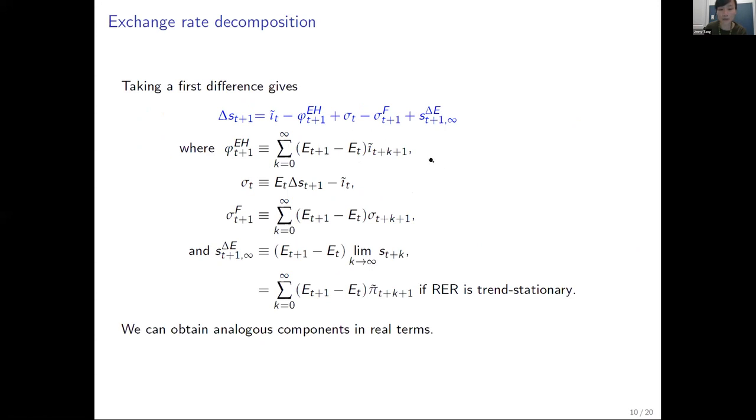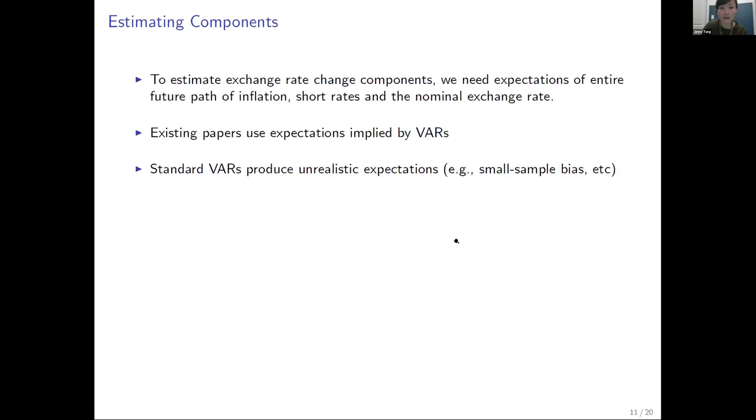The same terms for expected excess returns, and a term for long-term expectations of the nominal interest rate level, which we can then relate to changes in expectations over the entire future path of relative inflation rates. So in order to estimate these components, we need the entire future horizon of expectation for inflation, short-term nominal rates, and the nominal exchange rate.